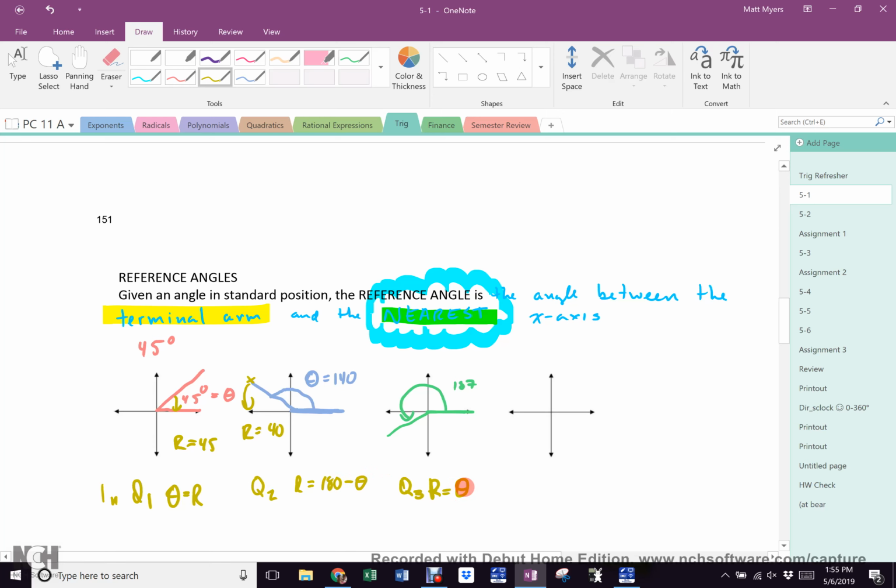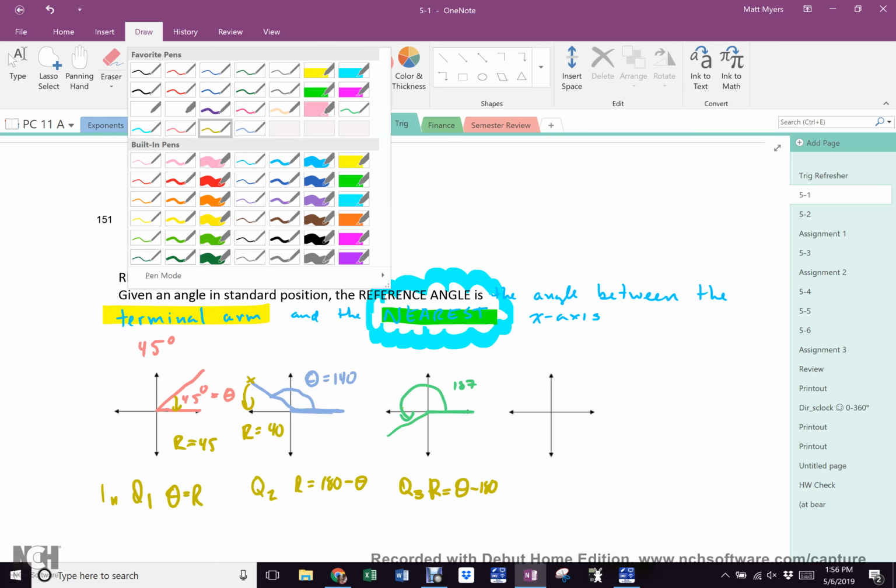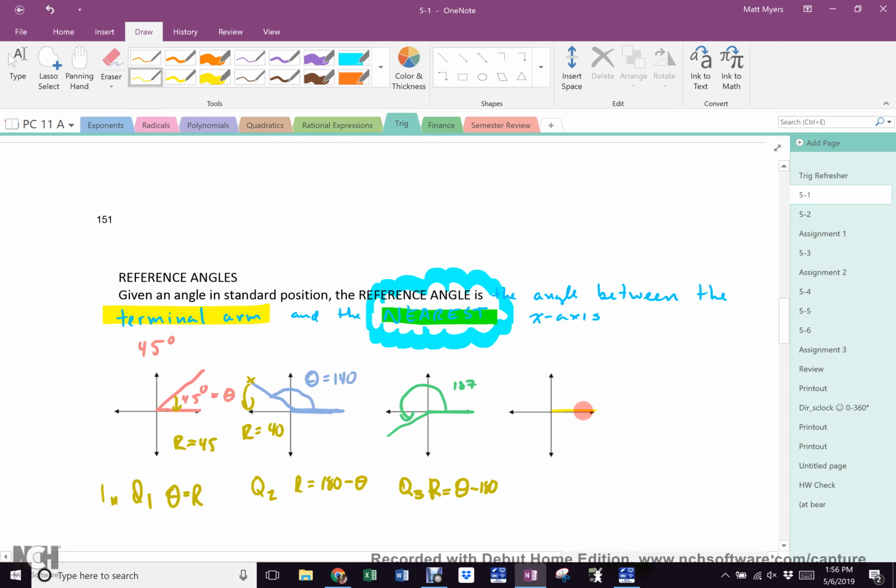Theta minus what? Theta minus 180. Theta was 187, but I'm taking out this 180. Everybody good? And lastly, give me a number between 270 and 360.